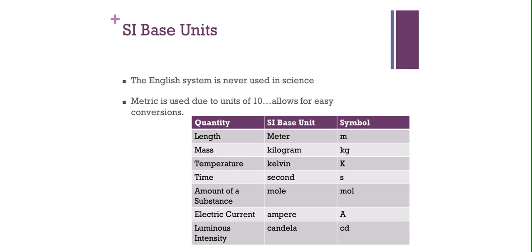If I said 12 centimeters, that's a lot smaller, so maybe I'm measuring the palm of my hand, or just a shorter distance. So the coefficient, or the number, and the unit really help you provide a value to whatever it is you're talking about. This leads me back to the idea of the SI base units.